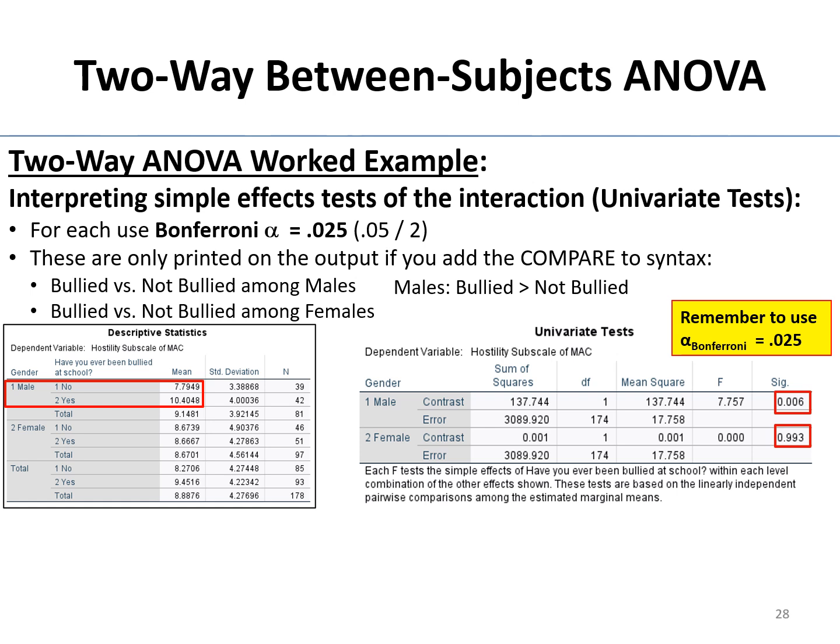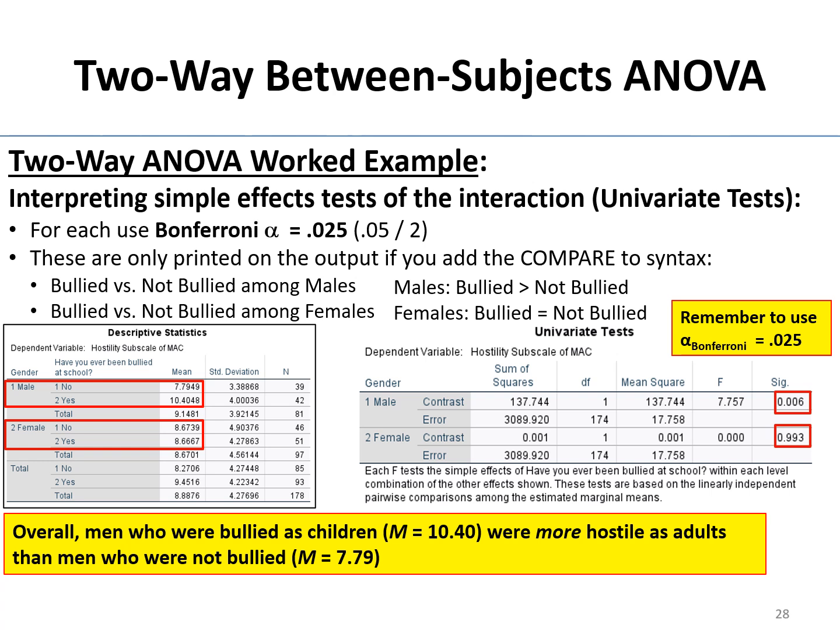It's pretty hard to get closer to 1.0. The question is, is that less than 0.05? No. 0.99 is definitely not less than 0.05. So there is no significant simple effects test for females comparing those who were bullied and not. One way of shorthanding this is the hostility of females who were bullied was equal to those who were not bullied.